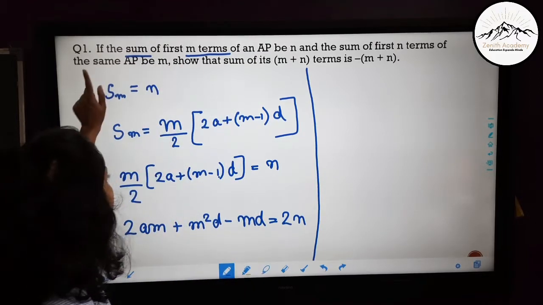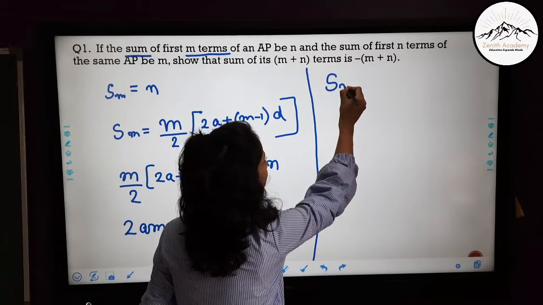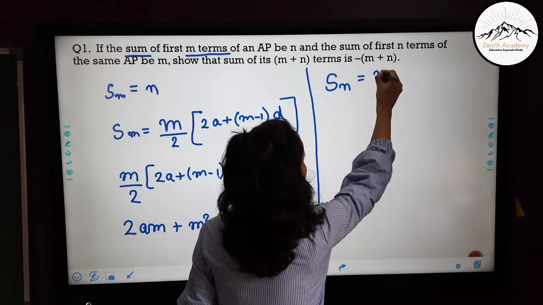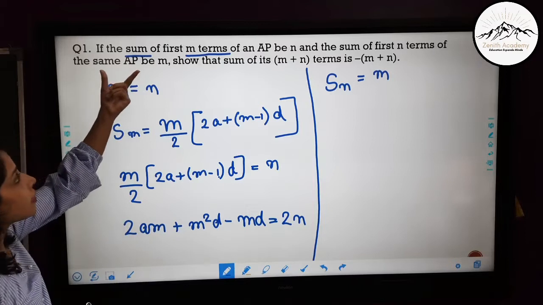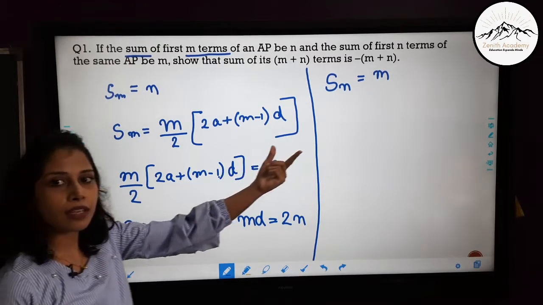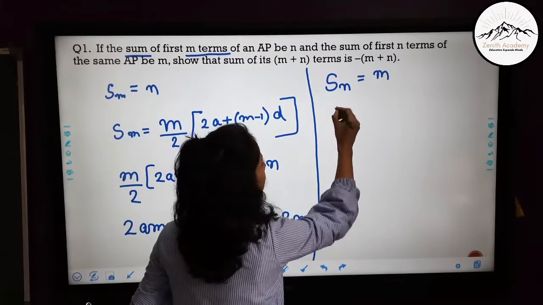Similarly, in the same AP, we know that the sum of n terms is equal to m. Now we have been given that it is the same AP, so a and d will be the same. So we can use the terms a and d here also. What we can write for Sn?